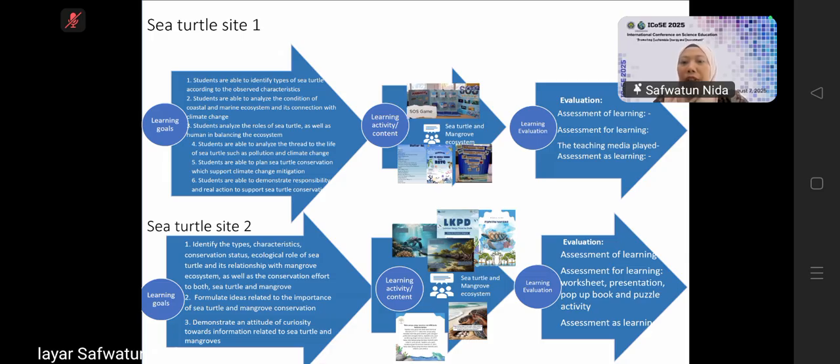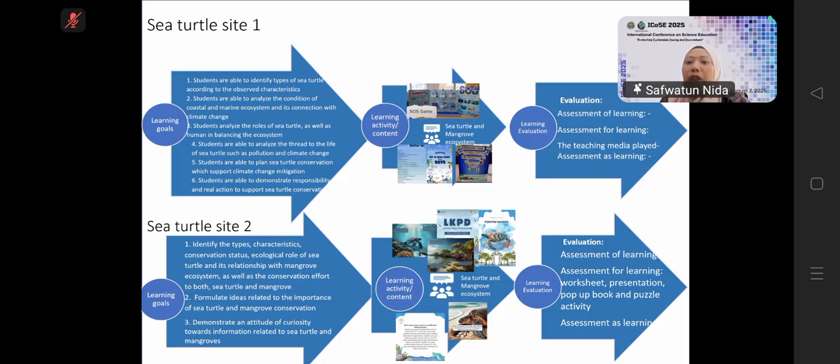And we are going to the fourth site. The fourth site is Bajulmati's turtle conservation. For the first group, the topic that they took was about environmental issues, particularly related to sea turtles and also the mangrove ecosystem.